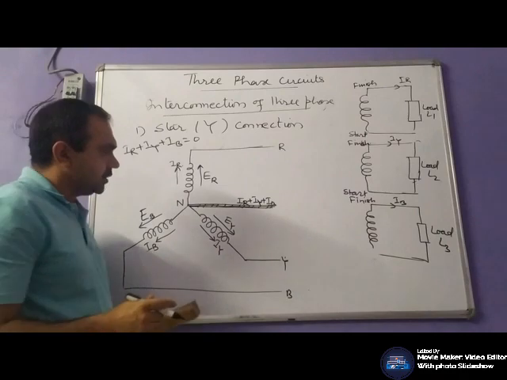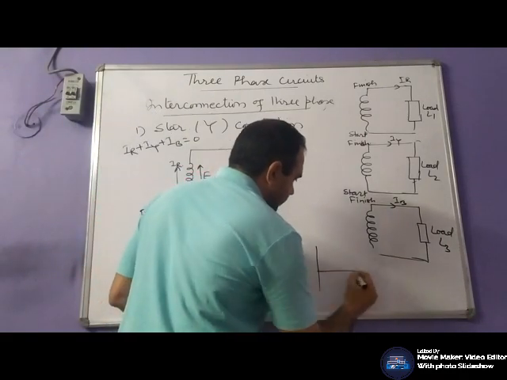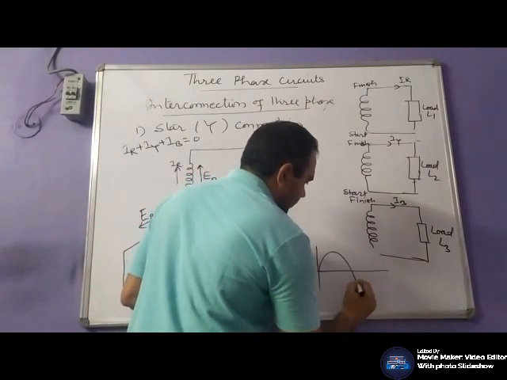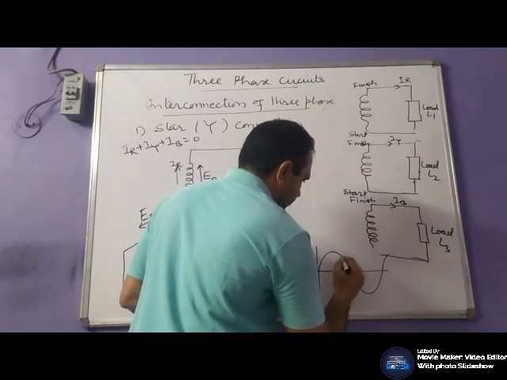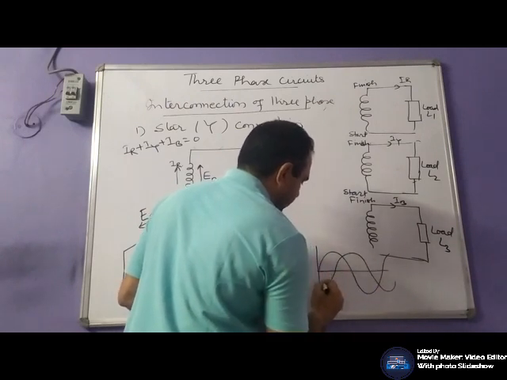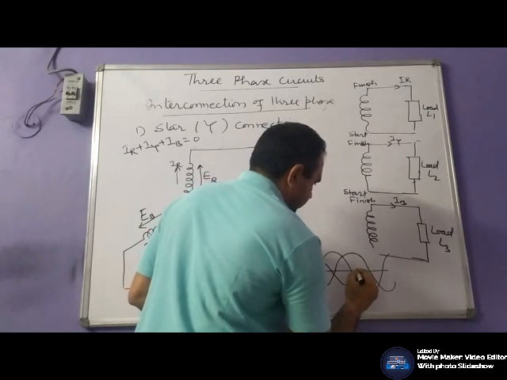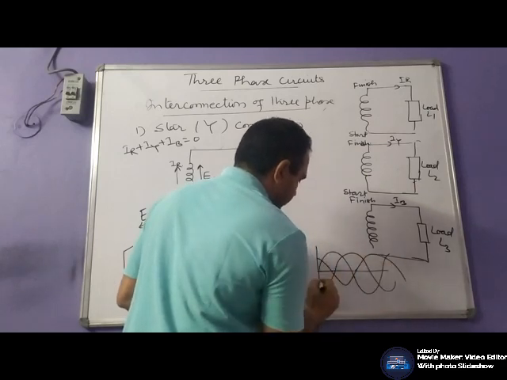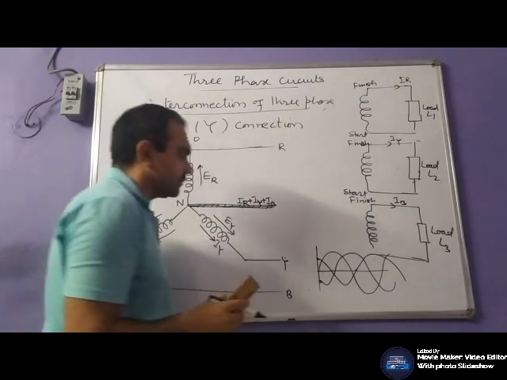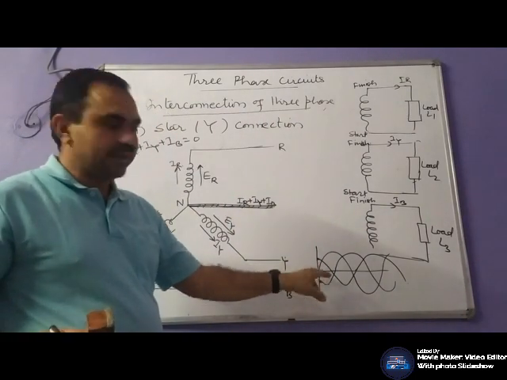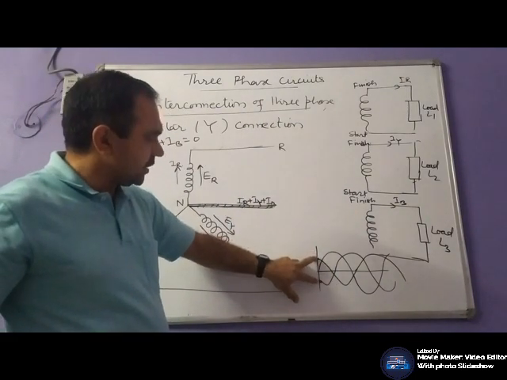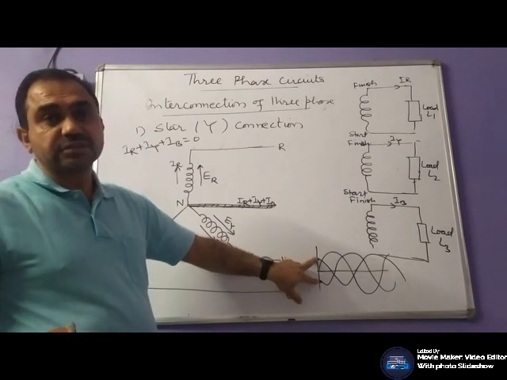As we have seen the wave shape, we observe that at a particular point, this is the wave shape for current, at a particular point the net current is 0.